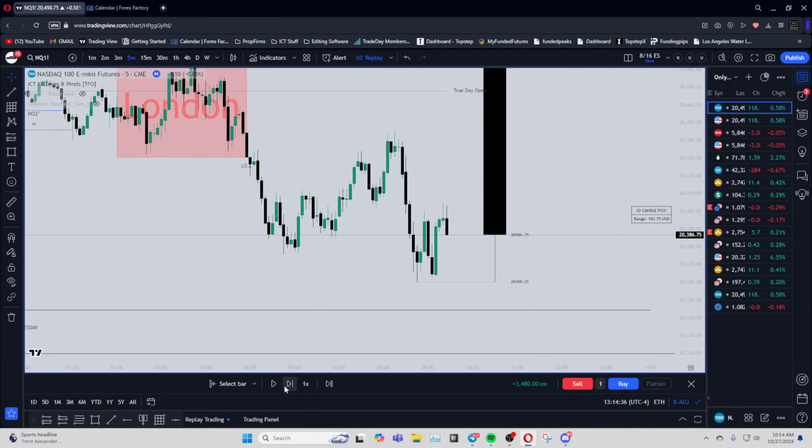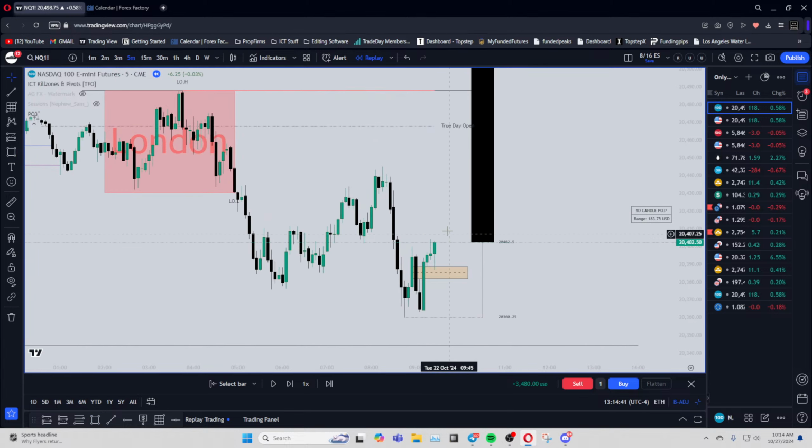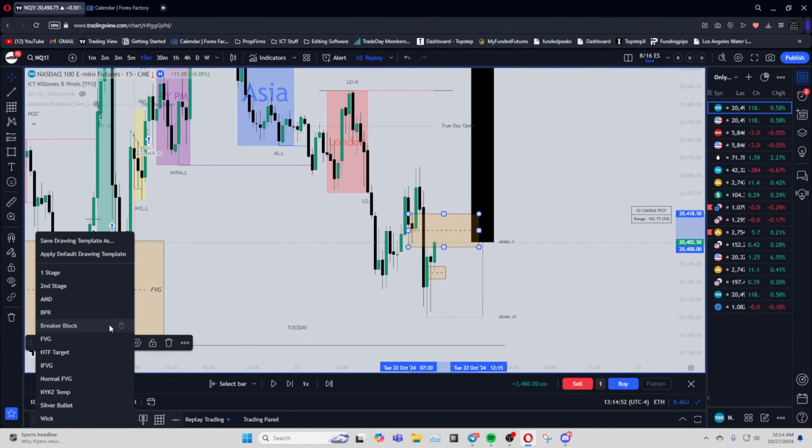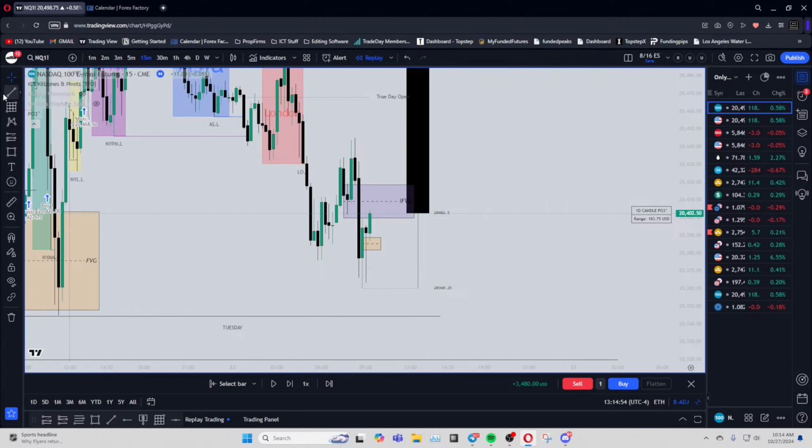Okay, 5 minute. So we have respect right here. I do kind of want to see a larger market structure shift, which would be inverting this 15-minute right here. This would be our New York Open Judas swing right here, taking this low.